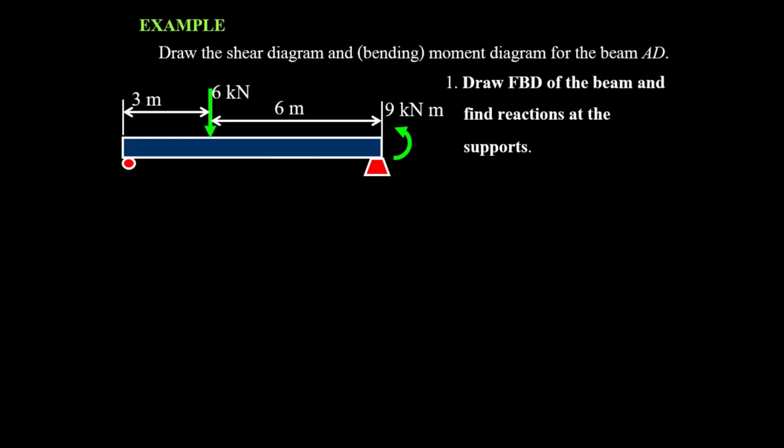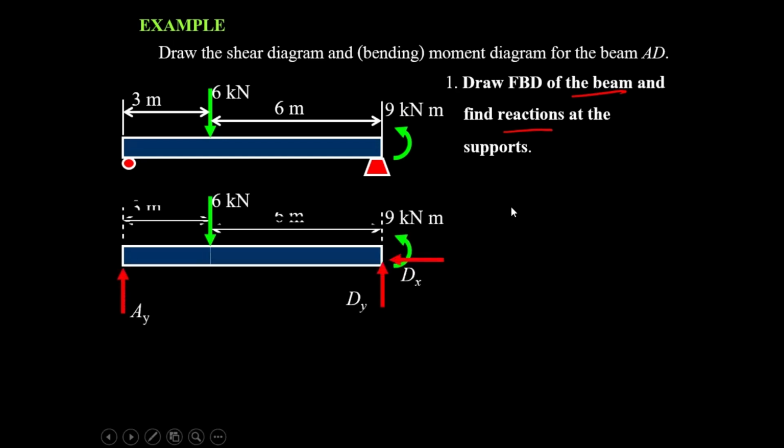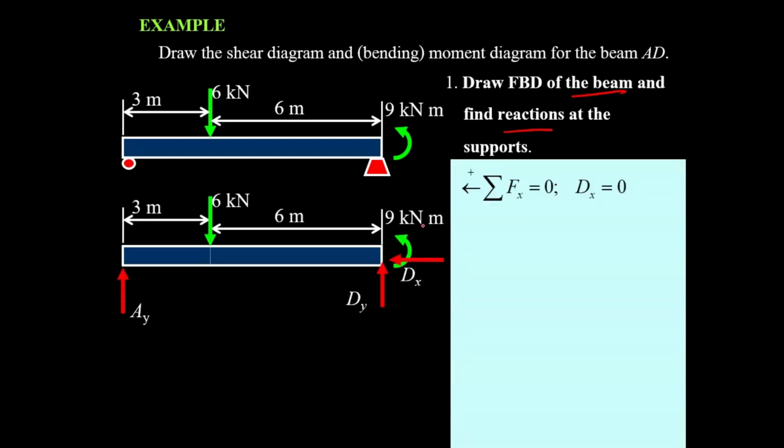Both the free body diagram of the beam for determining the reaction and later the free body diagram of the beam segment. After you draw it, recall I made a mistake to forget about the moment 9 kilonewton meter.